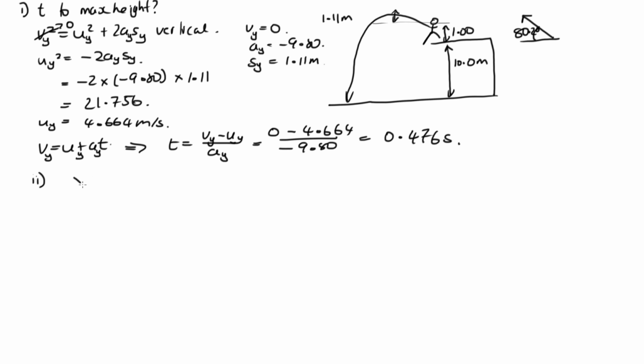Now part 2 asks what's the magnitude of the initial velocity of the diver. The diver's going up like this, at 80.2 degrees, and we've just calculated the initial vertical speed, 4.664. We don't know the horizontal speed, but because we do know the angle, we can say this is the initial speed here.